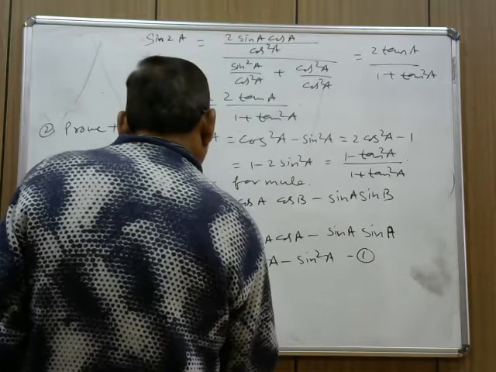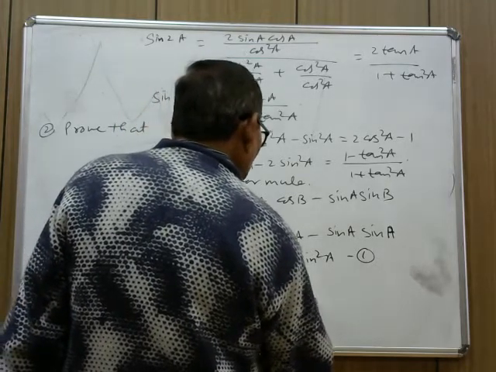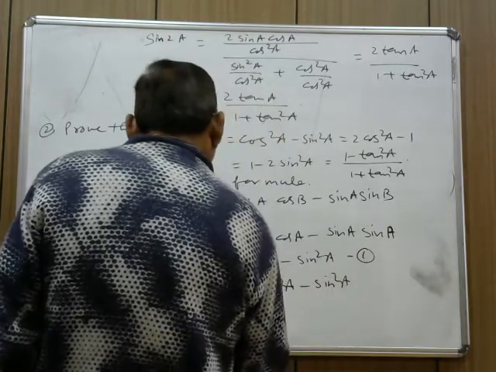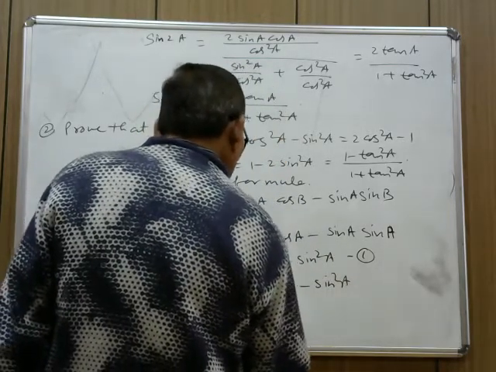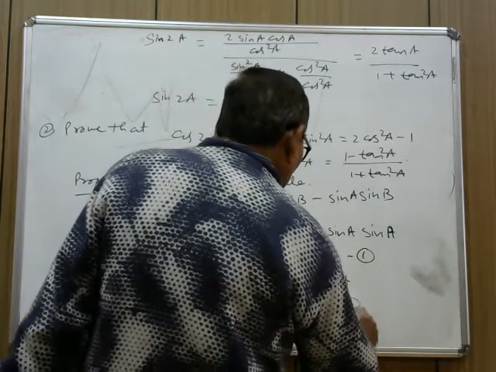Now cos 2A can be written as 1 minus sin square A minus sin square A. This is cos of 2A equal to 1 minus 2 sin square A. This is the second value.